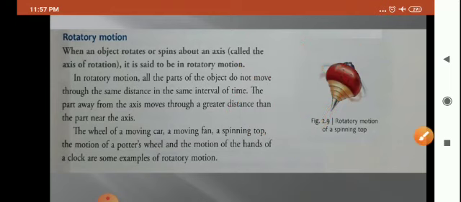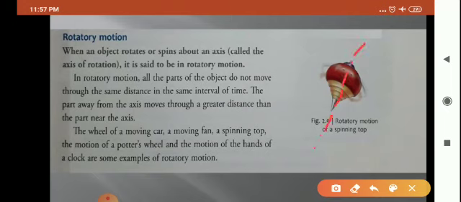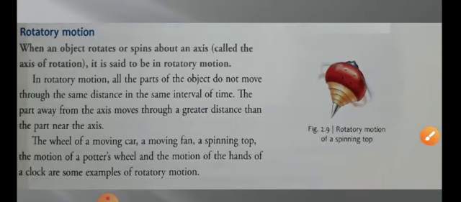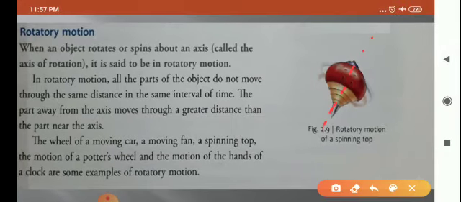Like here the example is given. A moving or spinning top has this imaginary line or axis about which the object rotates, and the motion is said to be rotatory motion.